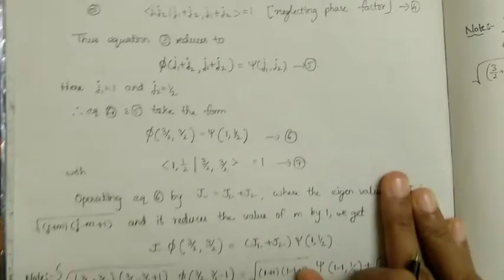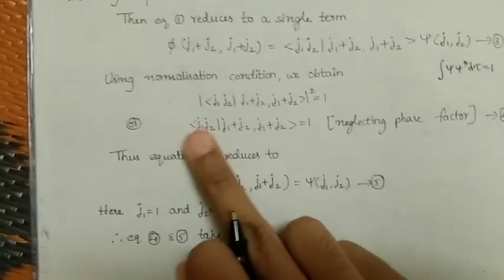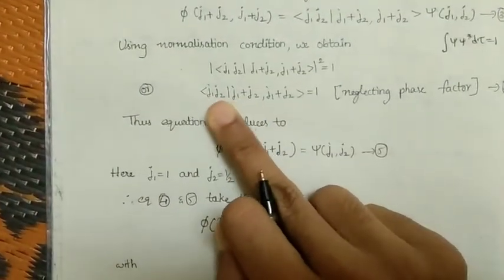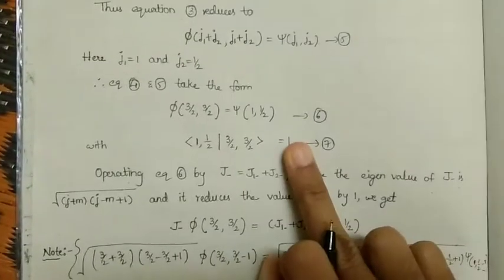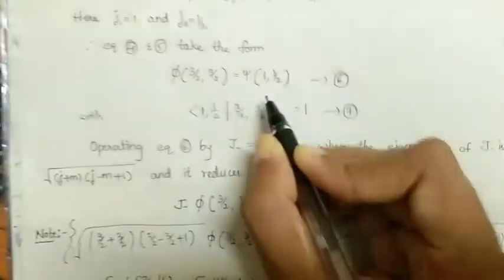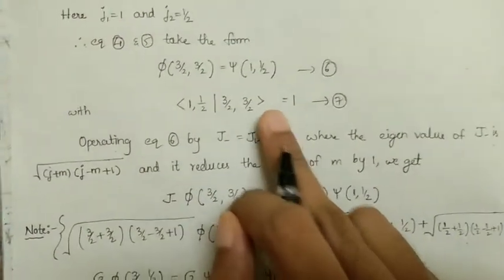So this is the required equation: bra 1 half, and in the ket we have 1 plus half, that is 3 by 2, 1 plus half 3 by 2, equals 1. So based on these two equations, if we substitute these values, we would have these two equations. So this is one of the important Clebsch Gordan coefficients. So we have found one of the Clebsch Gordan coefficients.